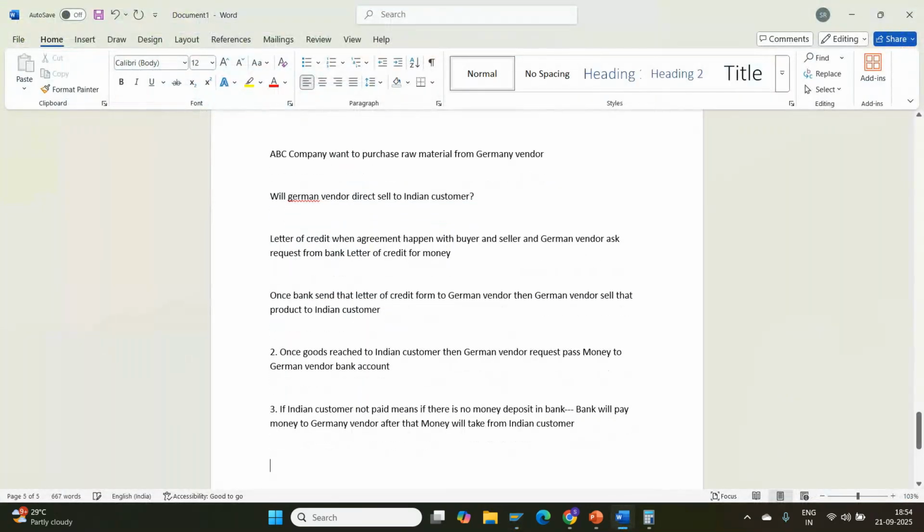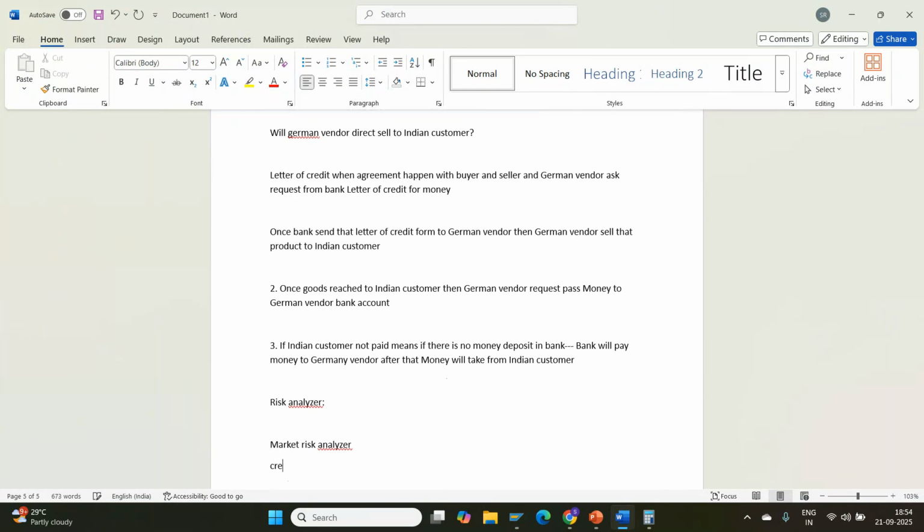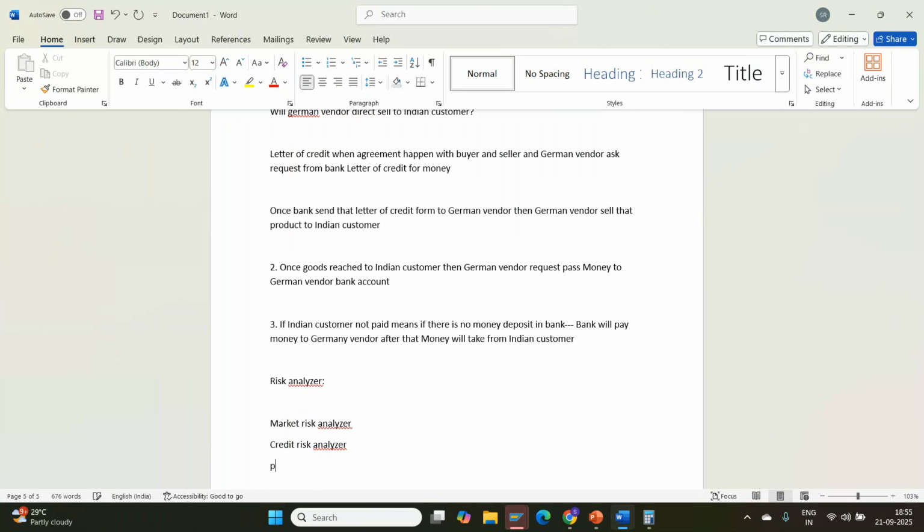The next thing is risk analyzer: market risk analyzer, credit risk analyzer, and portfolio analyzer.